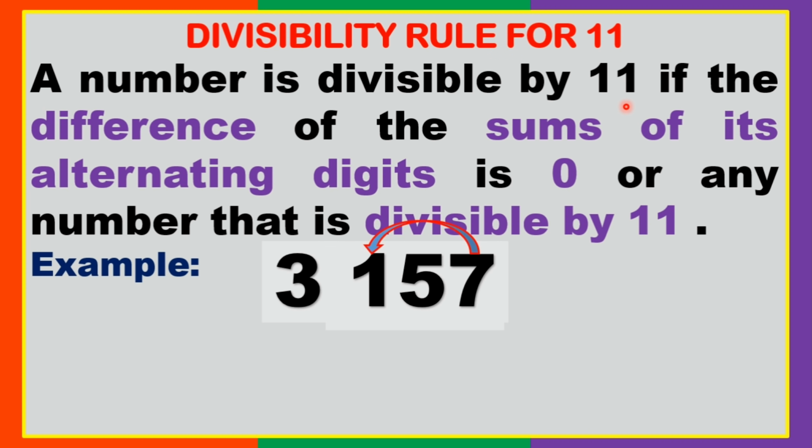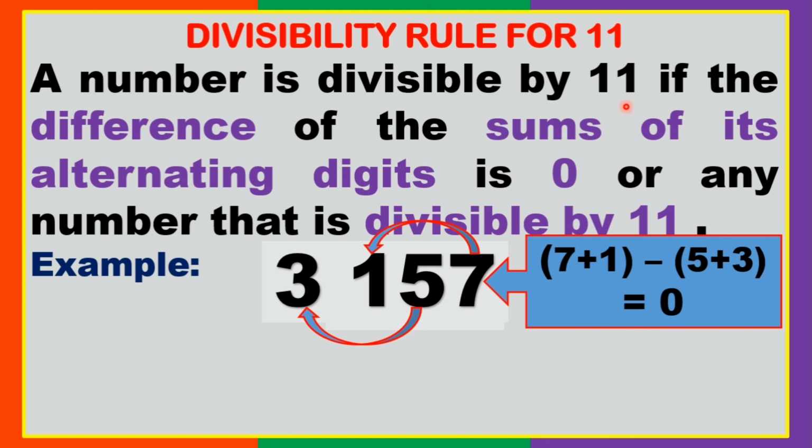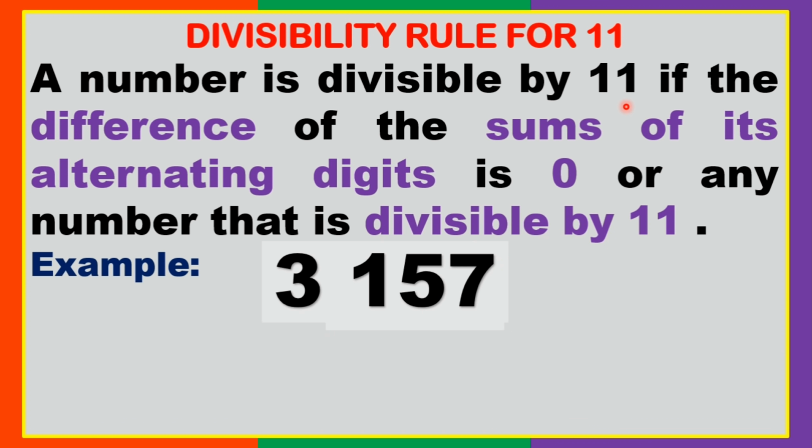And the even digits, we have the second digit and the fourth digit: 5 plus 3, we have 8. So 8 minus 8, we have 0. Therefore, 3,157 is divisible by 11 or has a factor of 11.